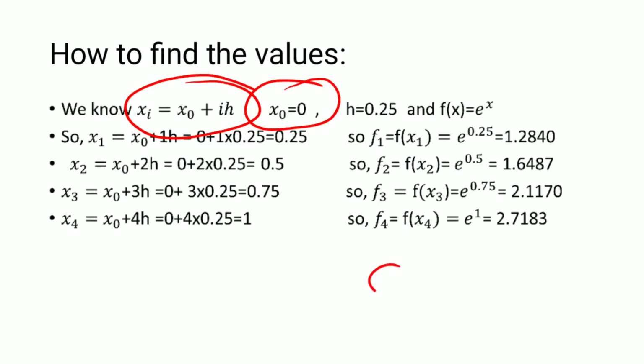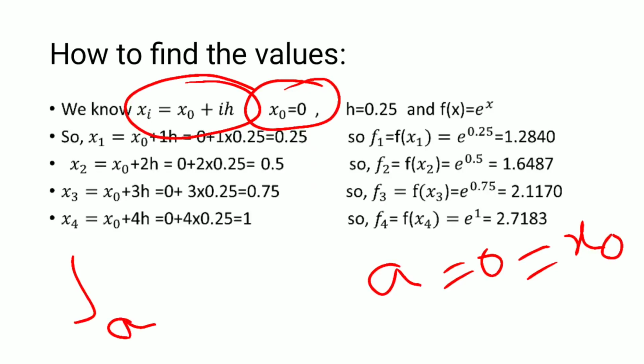We know the lower limit a equal to 0, and you just remember that this lower limit a will always equal x0. That means we can write this integration a to b as integration x0 to xn. Okay?